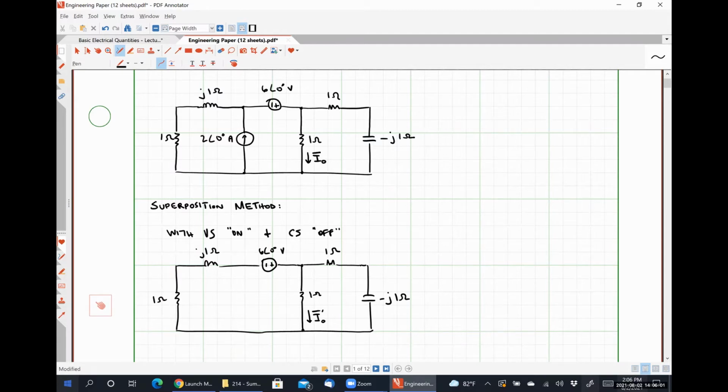All right, so here we have a number of different ways that we could approach this problem.